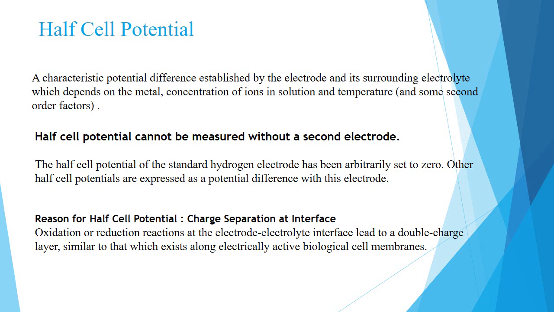The first is the passage of ions from the metal into the solution, and the second is the combination of metallic ions in solution with electrons in the metal to form atoms of the metal. This half cell potential cannot be measured without a second electrode. The half cell potential of the standard hydrogen electrode has been arbitrarily set to 0. The reason for half cell potential is the charge separation at the interface.